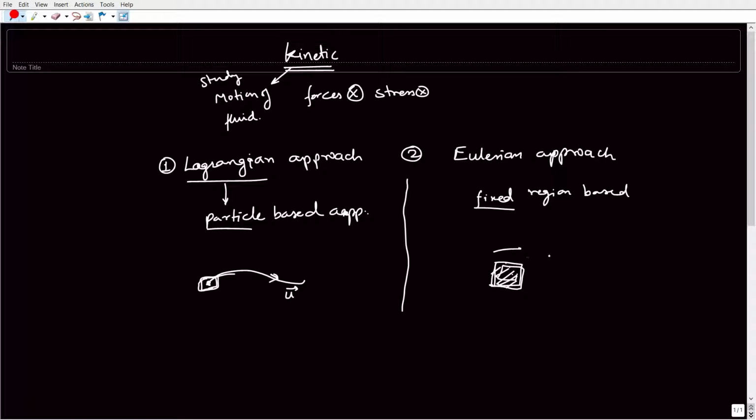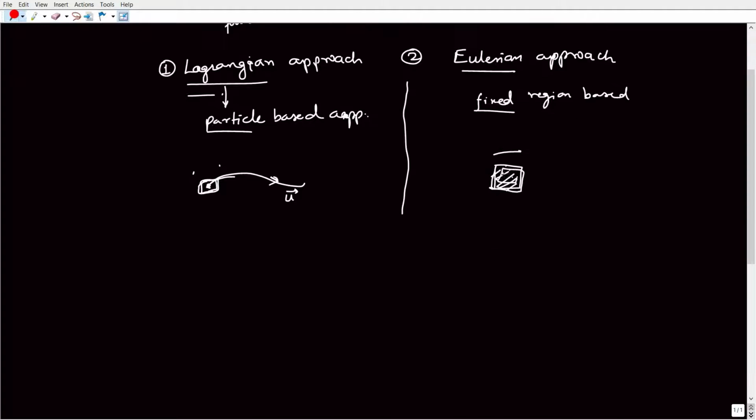So we will study all the parameters like the velocity, the momentum, the flux, and here also the velocity, the direction. So that is the Lagrangian approach, and this is the Eulerian approach.